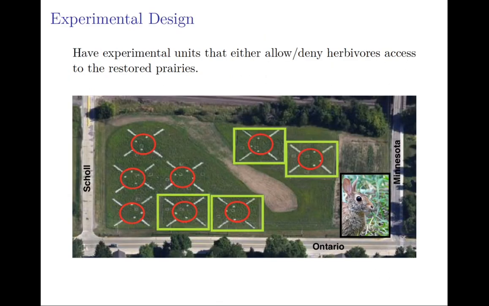To get you into the data a little bit more so you can understand it, we have experimental units that either allow or deny herbivores access to the restored prairie. Here we have a picture of a rabbit, and they were mostly kept out, but those green squares indicate units that did not allow herbivores in, and when there were no squares, then herbivores had free reign to eat any plants they wanted in those areas.